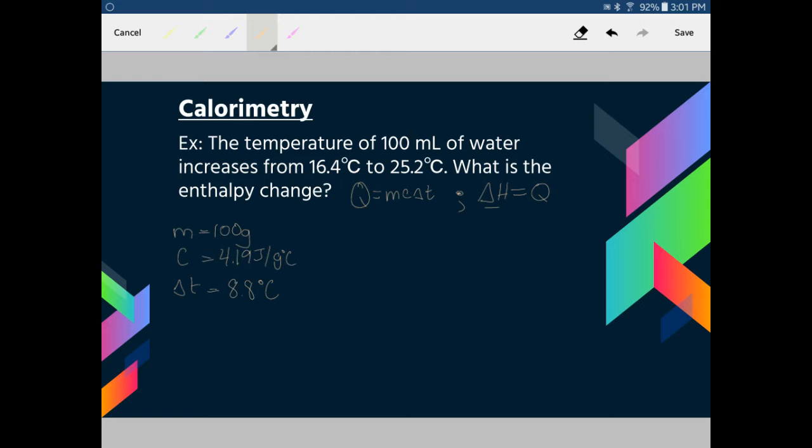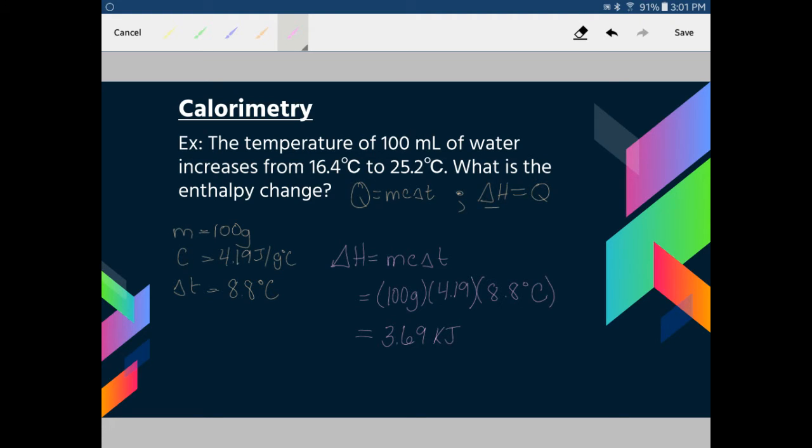So I can look at my change in enthalpy from calculating my mc delta T. My enthalpy change is then equal to mc delta T, which is equal to 100 grams times 4.19 times my temperature change, which is 8.8 degrees Celsius, giving me a value of, if I round it and change my units to kilojoules, 3.69 kilojoules.